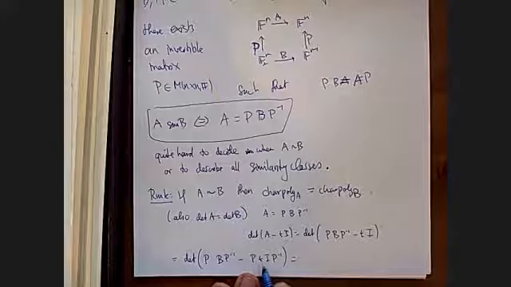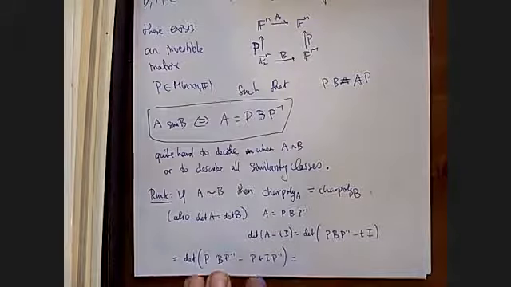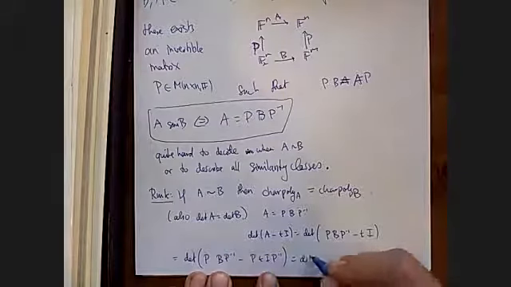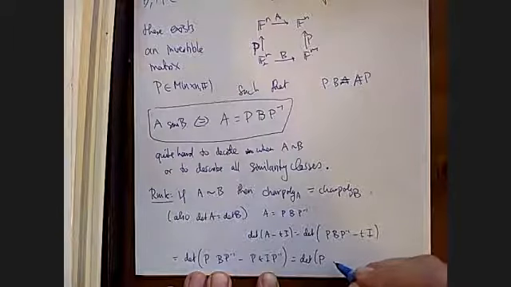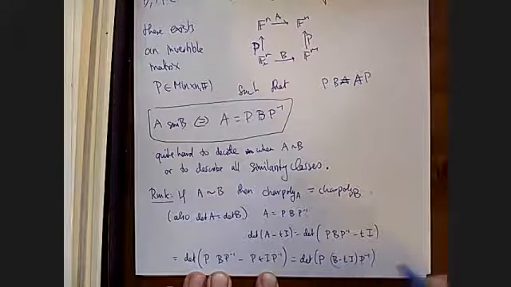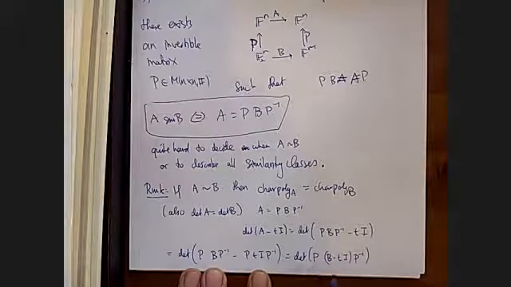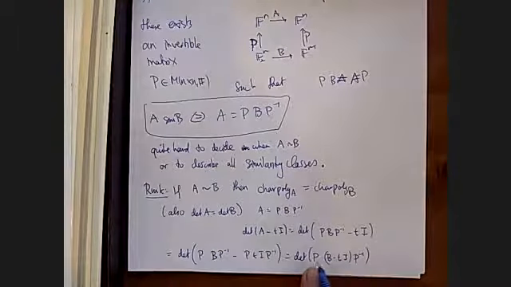T is just a scalar, doesn't matter where I write it, and P times P inverse is the identity matrix. And then I can write this as the determinant of P and B minus Ti times P inverse. Right, if I multiply this out, I get two terms, P, B, P inverse, and P, Ti, P inverse.